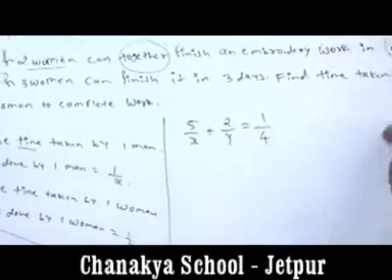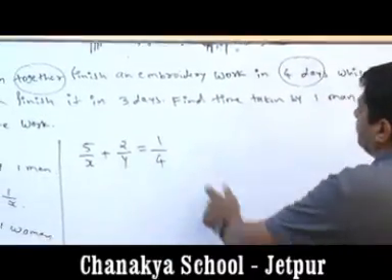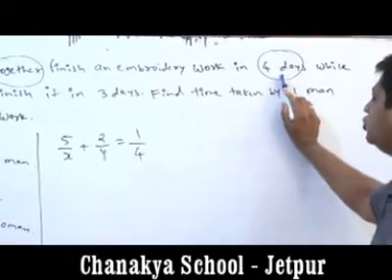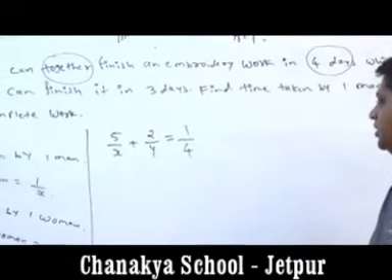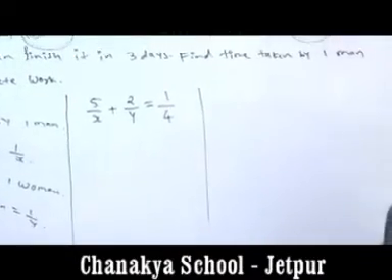Here 4 days is a time, so we convert it into work, that is 1 by 4. Our equation is now available in row form, and we are going to simplify it.